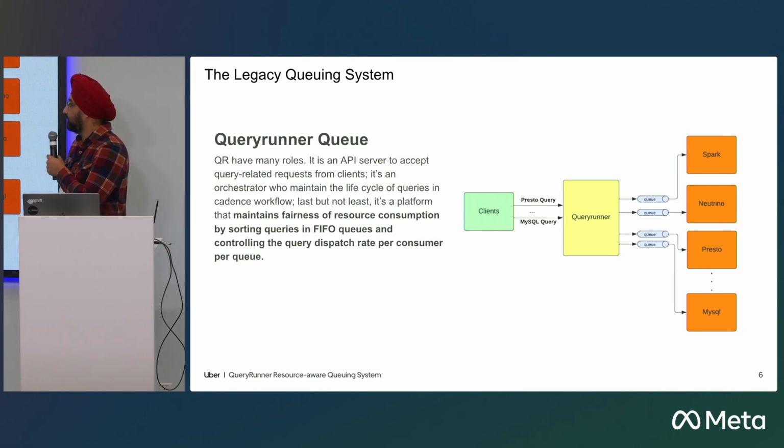The Query Runner provides an API server for clients to submit their queries. It orchestrates the life cycle of the queries. But very importantly, it also maintains the fairness of resource consumption by maintaining the queues in FIFO order and controlling the query dispatch rate per consumer per queue.